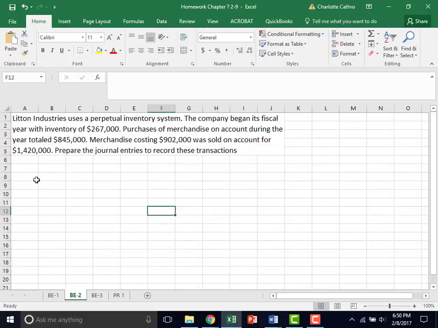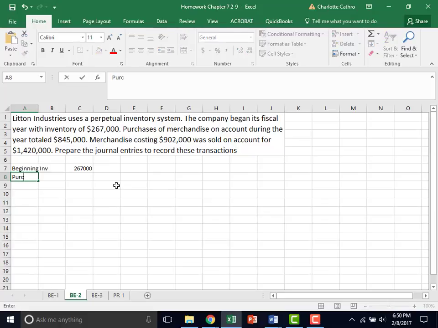Brief exercise 2 was now a perpetual system, and they asked you to record the journal entries that would be posted using that perpetual system. So we have the given information on here: beginning inventory is 267,000.